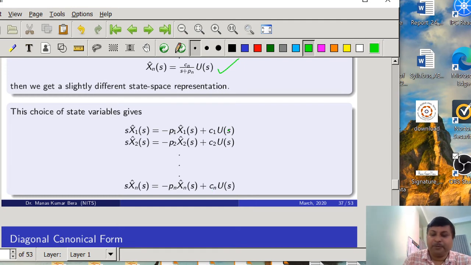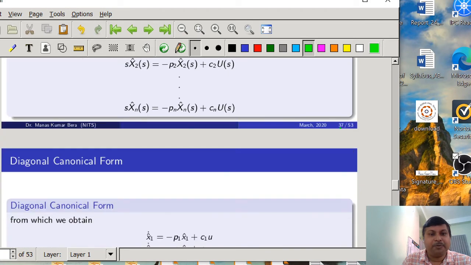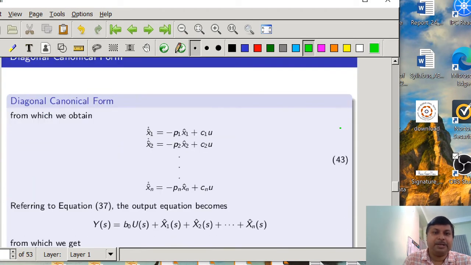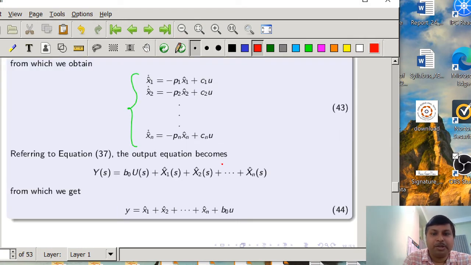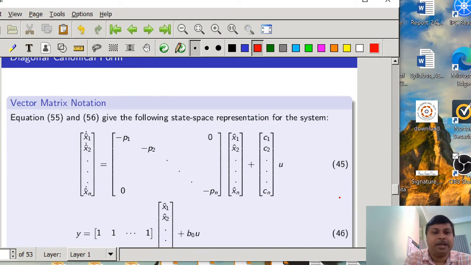If we transform it with the inverse Laplace transform, we will get the set of state equations like this, and we will get the output equation like this. Now we represent it in vector matrix notation, and at that time you will find that the structure of the A matrix is still the same.